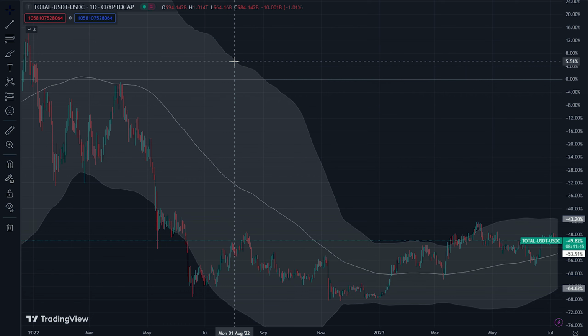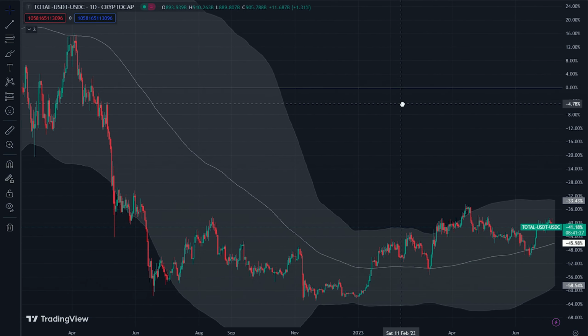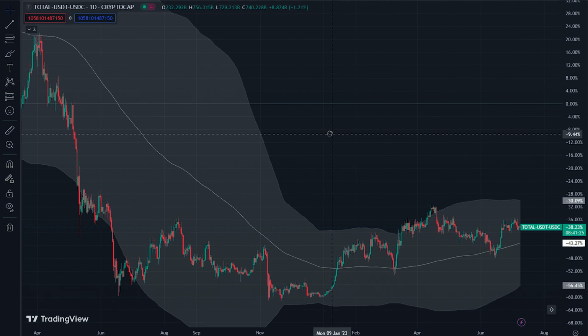They're all very useful, to be honest with you, but total and total 3 are good to compare to each other because it's a good way of showing how the space has held up with Bitcoin and Ethereum and how it has held up without Bitcoin or Ethereum. And even just total 2 is very useful. We'll go through both, but I think it's just a good metric to have a look at.